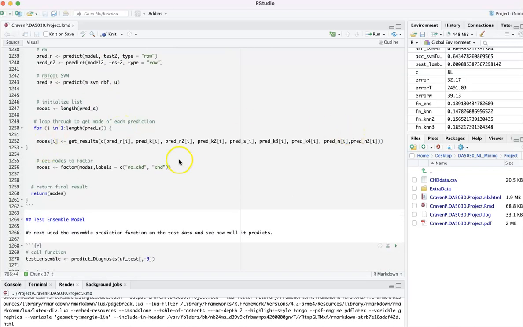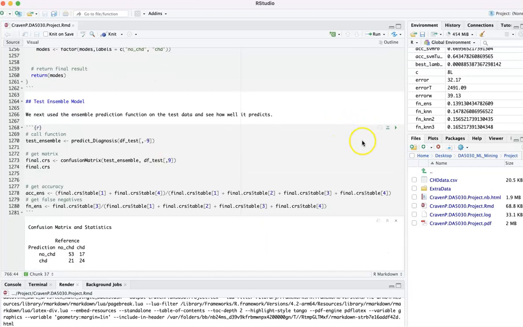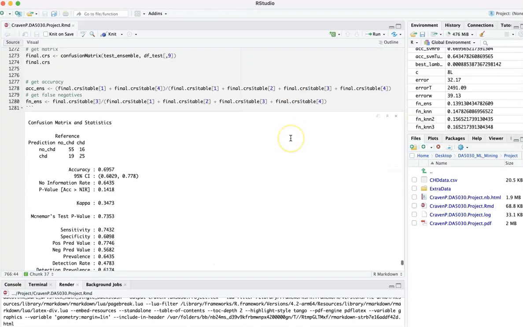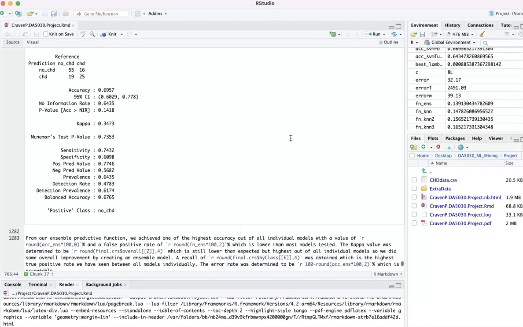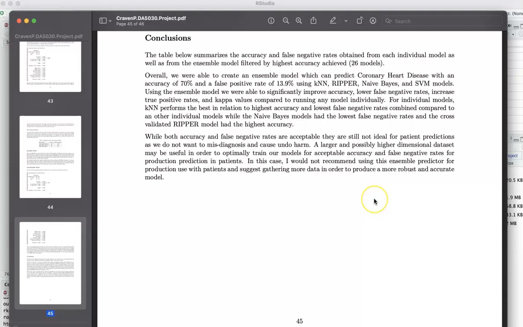I then make it into a list and get the modes of each of them and return the list. And here is me running my test data and spitting it out. It took me a while to get all of the combinations that I needed, but it was worth it because I did see an improvement, and I'm just going to go to the summary.